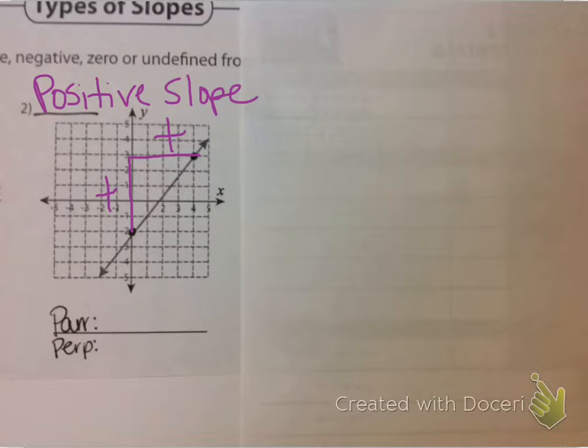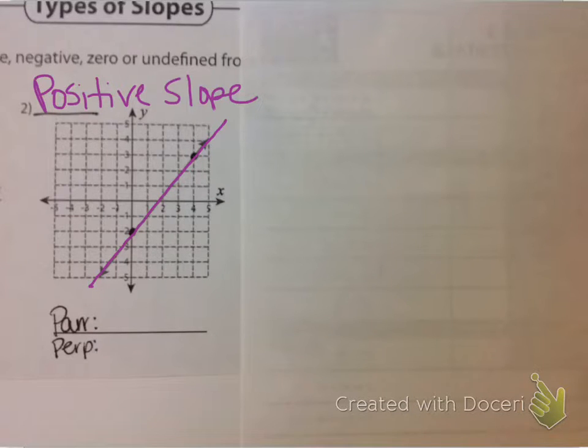Another way that you could do it is just by looking at the top half of the graph, and look to see which way the arrow is pointing. It's pointing towards the positive numbers. Either way, you can see if your line is positive or negative.